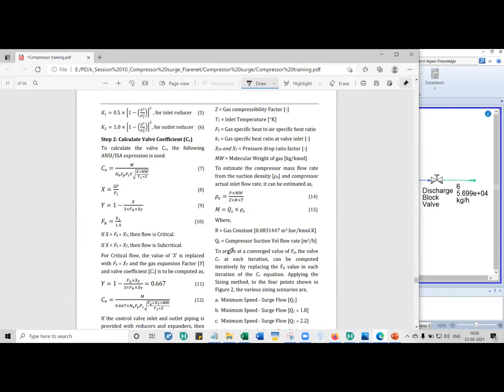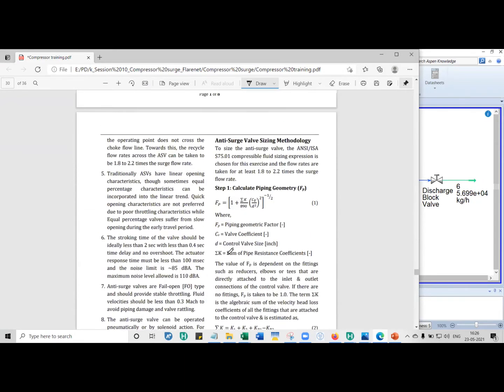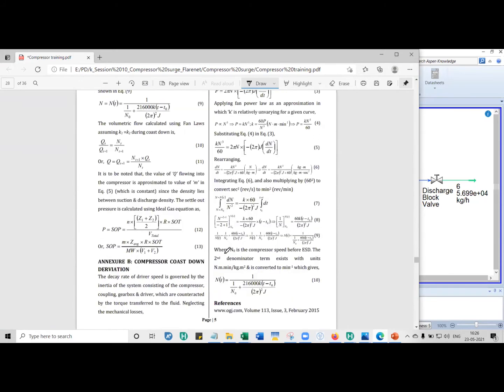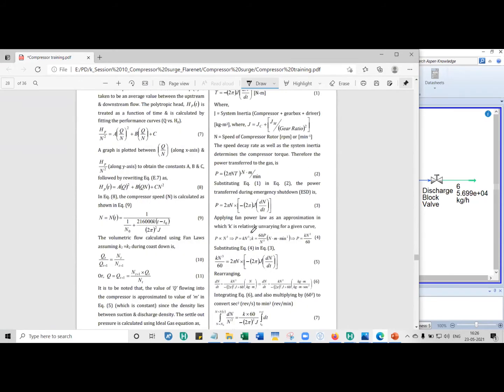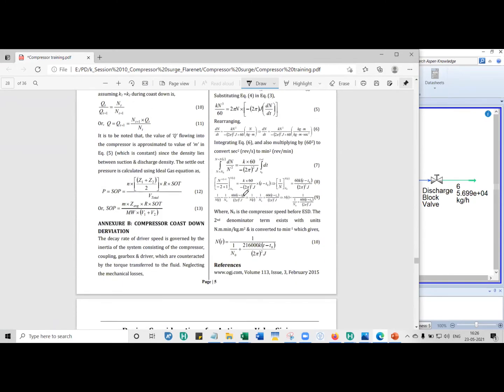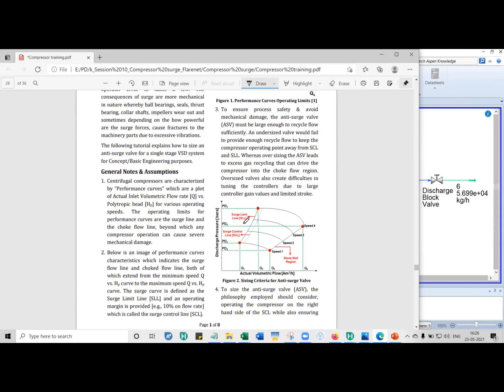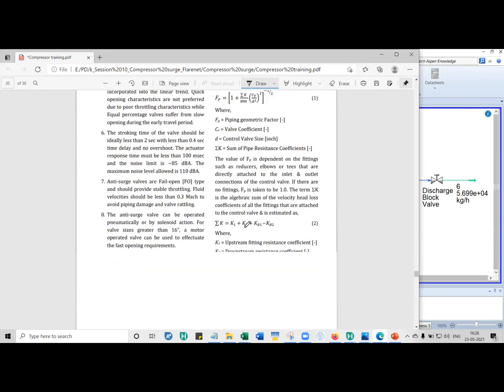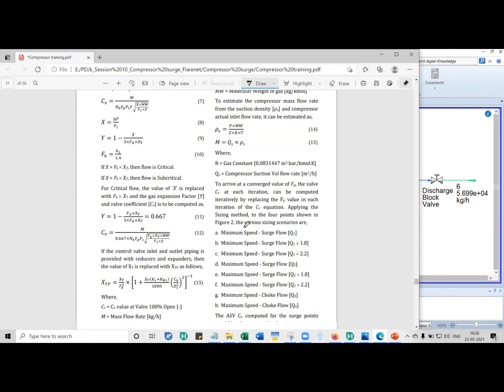So I've given a procedure here for how to estimate your anti-surge valve size. Anyway, the file is with you, so you can go through it.